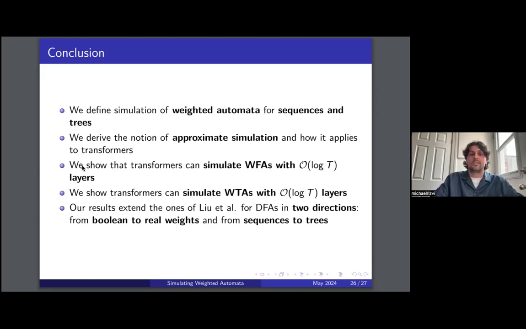We derive the notion of approximate simulation and how we can apply it, and we show pretty interesting results: for both WFAs and WTAs, we can generally simulate in log of t. For WFAs, this is always the case, but for WTAs, we have log t for balanced trees. So that's about it.